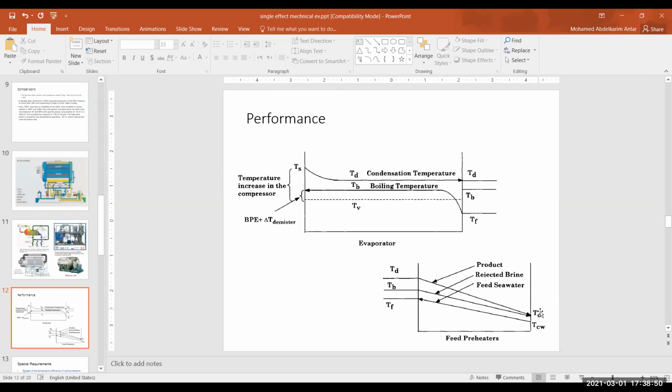Both of them are adjusted to leave at a temperature T naught. And this is an arbitrary thing. It's not a must. And the cooling water is being heated because of receiving energy from both streams. This can be done in one heat exchanger or two heat exchangers, but the idea is to preheat the feed from T cooling water up to TF.